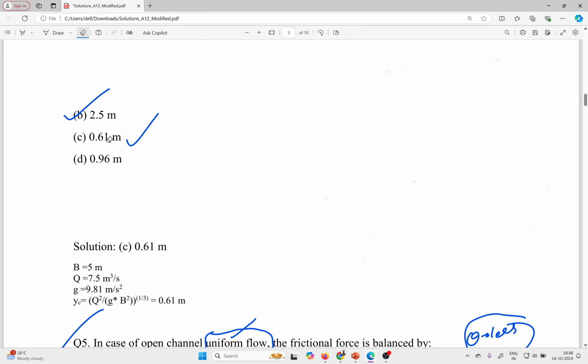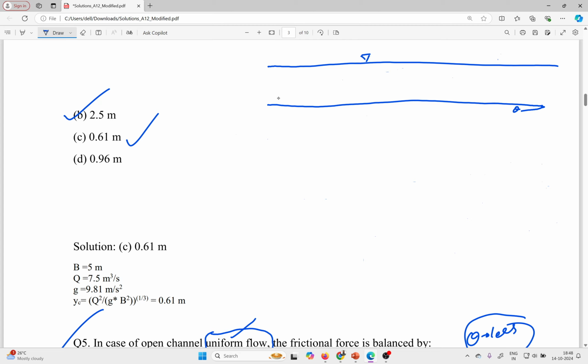Okay. So here we need to consider that theta is very, very small, remember, and open channel flow with uniform flow. Let us consider a section, or you can say a control volume. Let us take this as the control volume here. So the weight of the fluid in this control volume is how much?